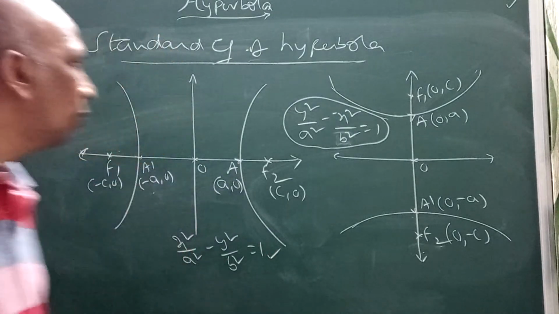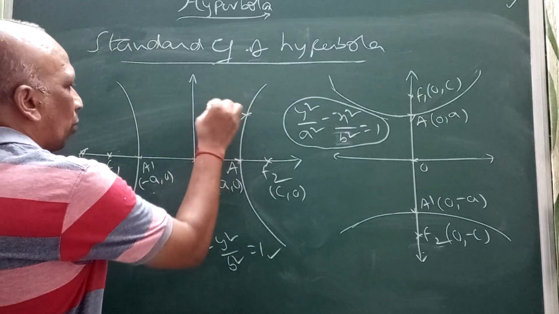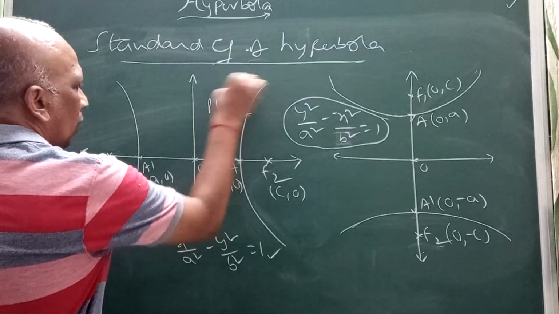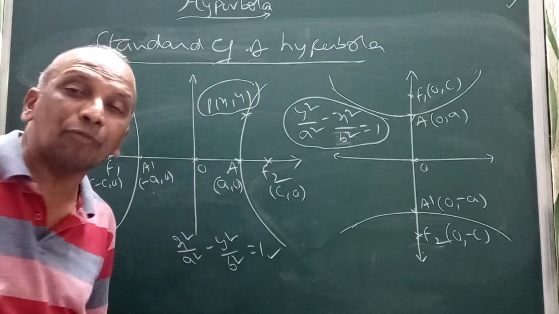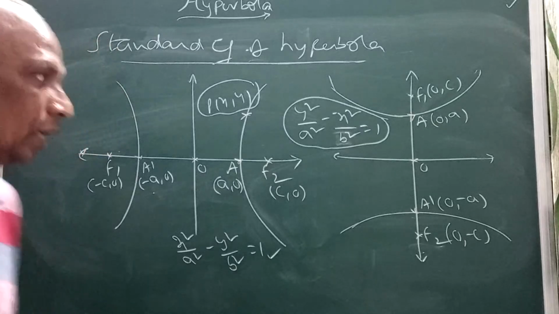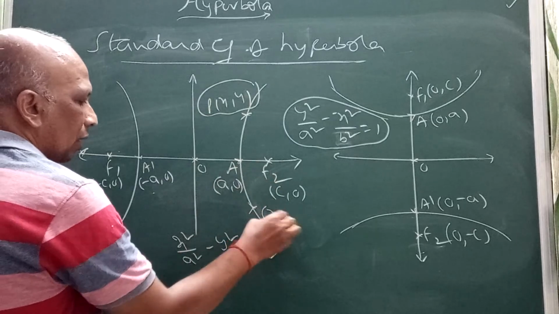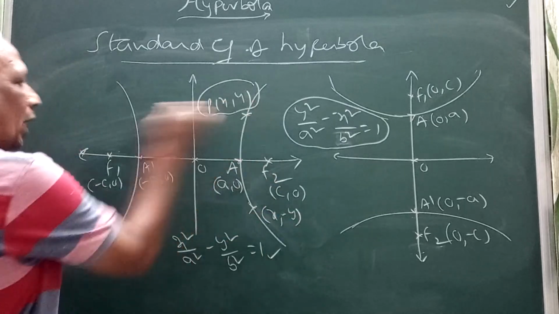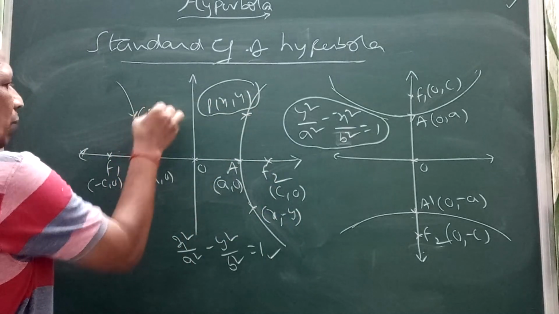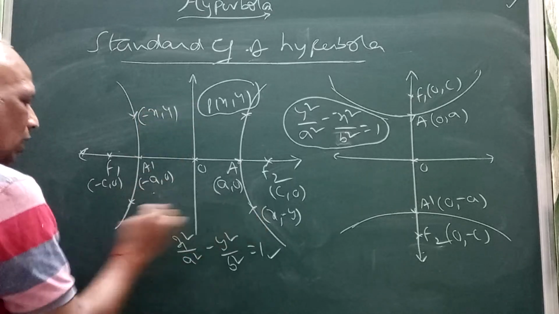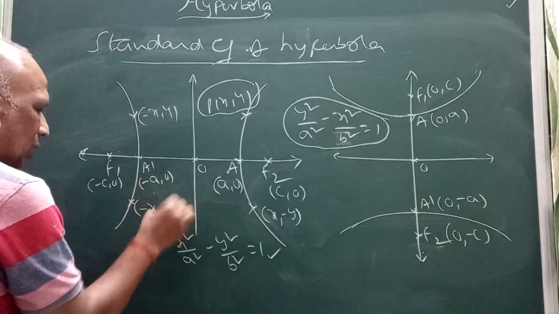That's the reason that if you know one point on it, say P x comma y, definitely another three points can be found: x comma minus y, minus x comma y, and minus x comma minus y.